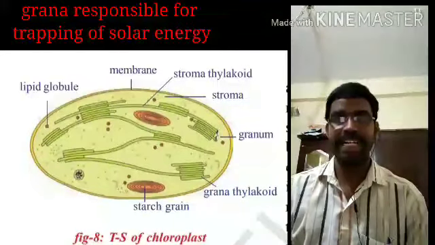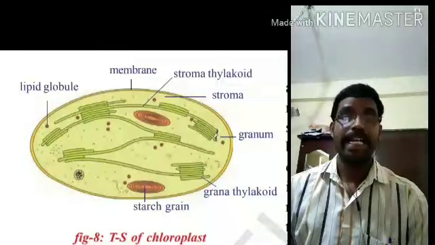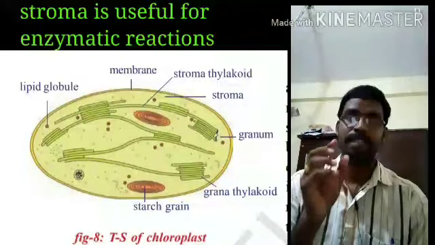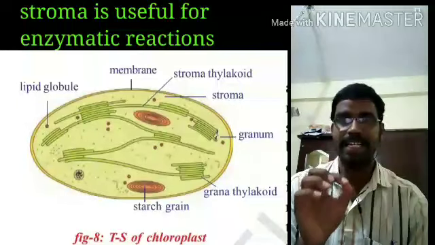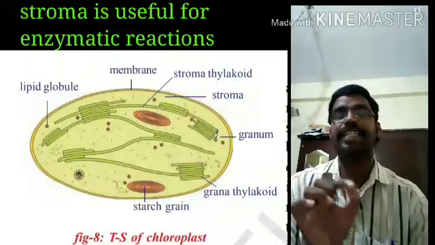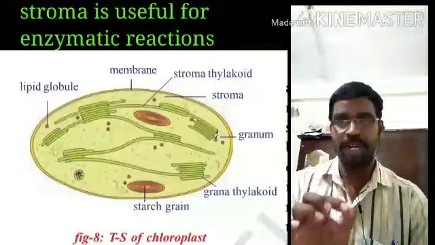And the intermediate fluid-filled portion is called the stroma. Inside the grana and also between the grana we see a fluid present. It is a colorless fluid called the stroma.